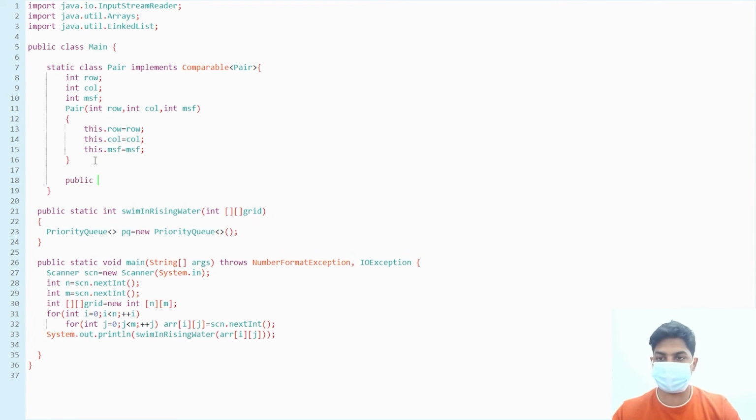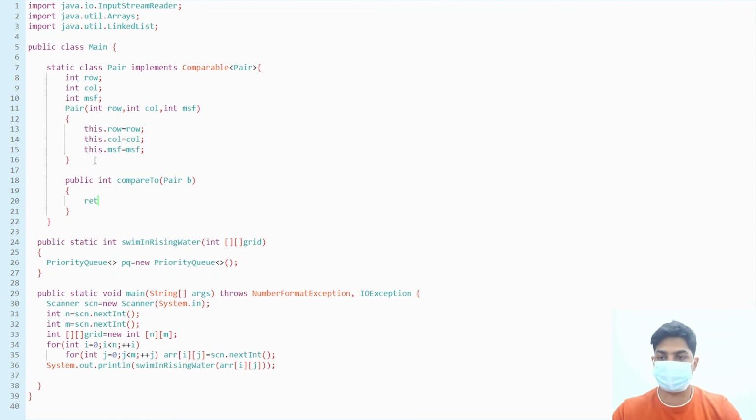Public int compareTo, and it will take a Pair class B, and we will return this.maximumSoFar minus B.maximumSoFar. So this will help our priority queue to keep elements on the basis of minimum weight. So we want a priority queue of class Pair.